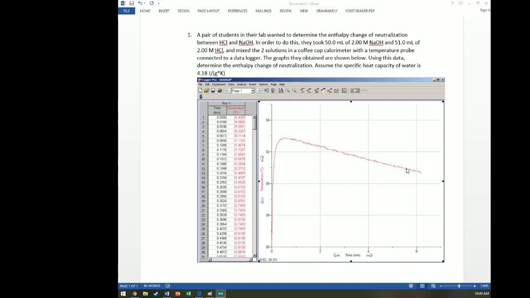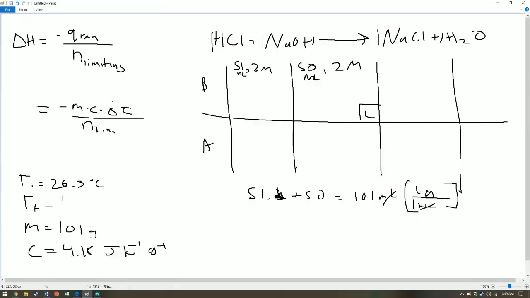I'm going to trace my mouse following that line, and using that I get an extrapolated temperature of about, what is that, 33.1? Yeah, 33.1. Let's call it that. So we would call it 33.1 degrees centigrade.